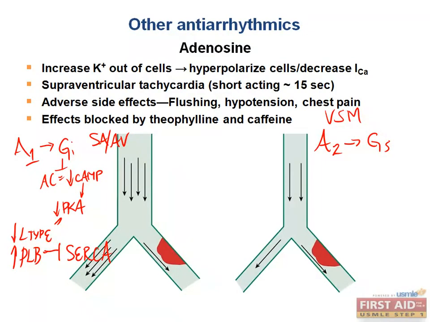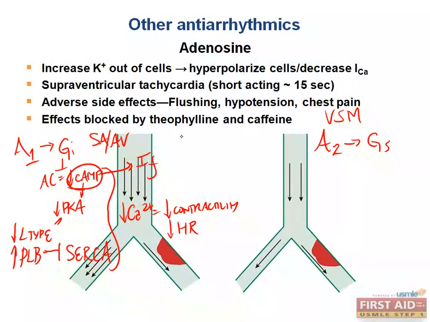So basically the net overall effect is that we have a decrease in calcium, which means we have less contractility and a decrease in heart rate. Cyclic AMP is also important for the activation of the hyperpolarization-activated cyclic nucleotide channels that set our intrinsic funny current, which gets us to the depolarization threshold more quickly when there's more cyclic AMP around.